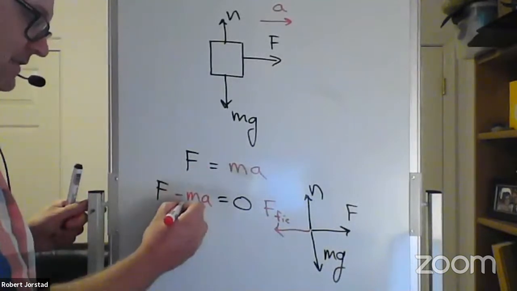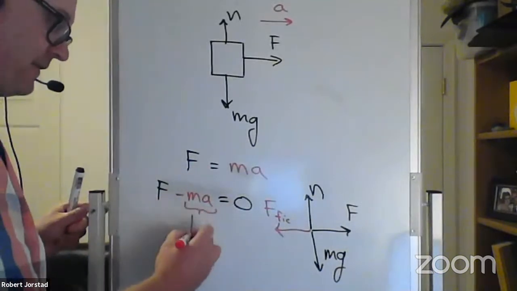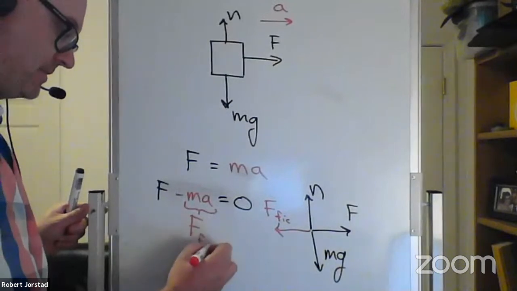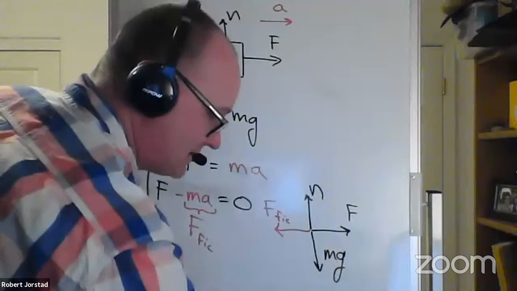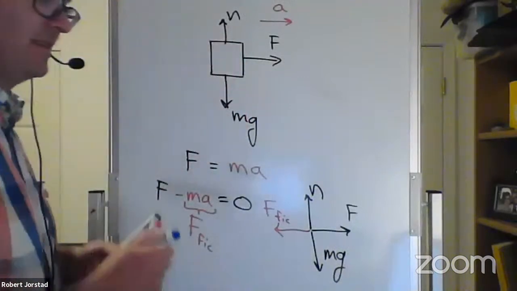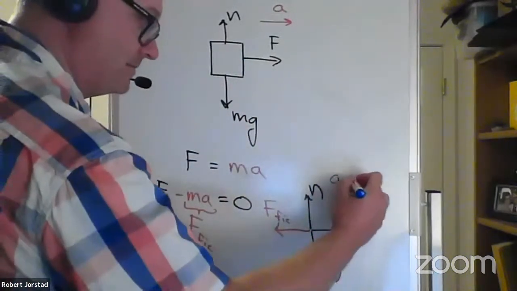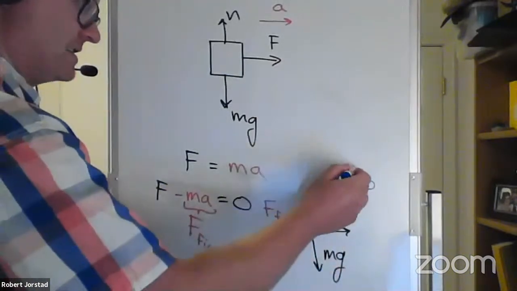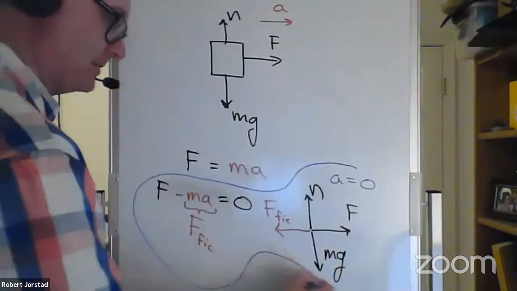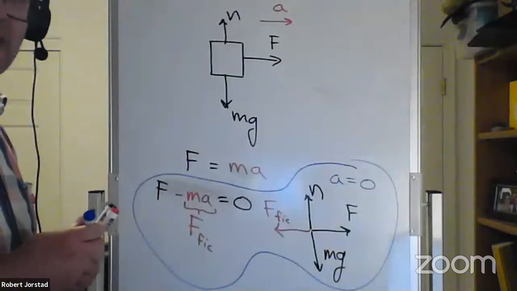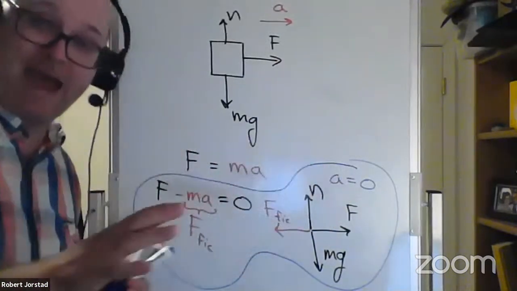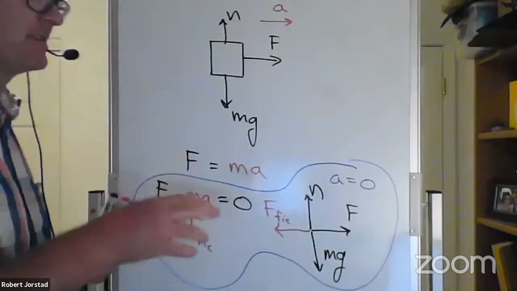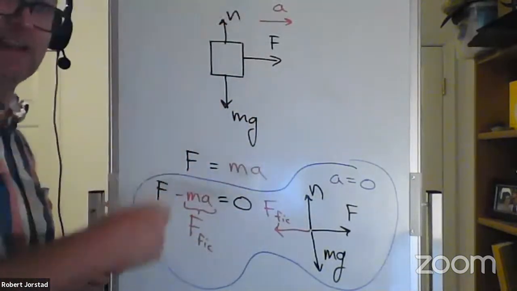If I identify this as force fictitious and then say there's no acceleration at all, the math works out. So this equation down here, if I assume there's a force to the left and no acceleration, mathematically I get exactly the same result as if it's going to the right and it's accelerating.